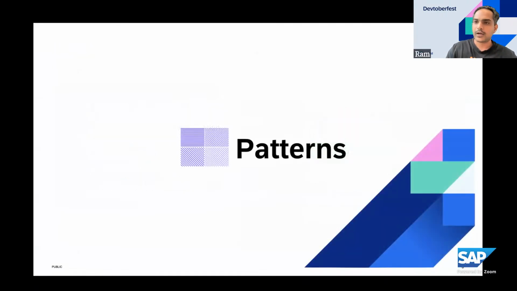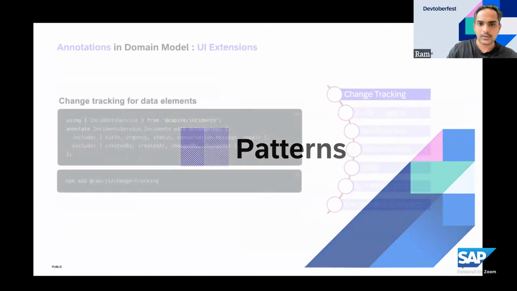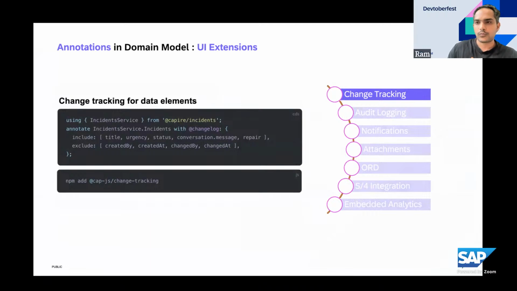There are different patterns that we observed while building this array of plugins. One way to start is that you can have annotations in the domain model, and then you can create UI extensions by observing whenever you encounter these annotations. One such example is a plugin to track the changes that you make to your data records.